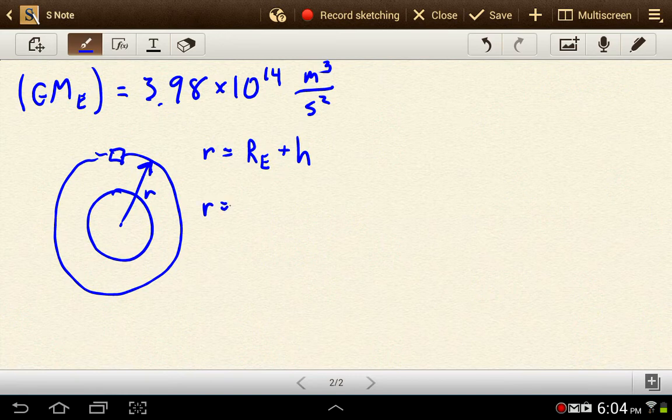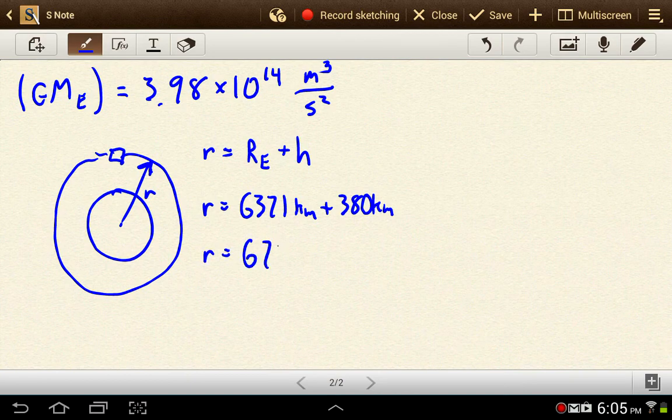It's 6,371 kilometers plus the altitude of the station, which is 380 kilometers. So the radius of the space station's orbit is going to be 6,751 kilometers.